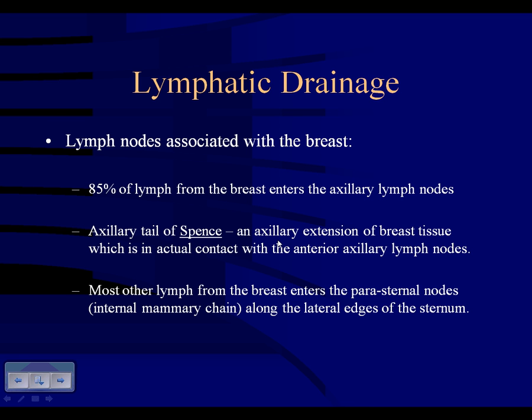If a woman gets a mass in the axilla, you want to make sure that that's not breast tissue versus a lymph node. And there's differences in how those are approached. Now, some of the other lymph will go into lymph nodes along the parasternal area of the chest, and that's referred to as the internal mammary chain, and they occur on both sides along the lateral edges of the sternum.